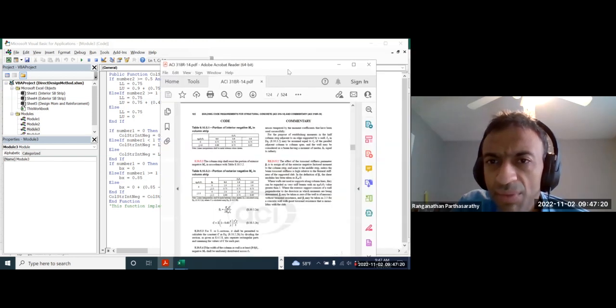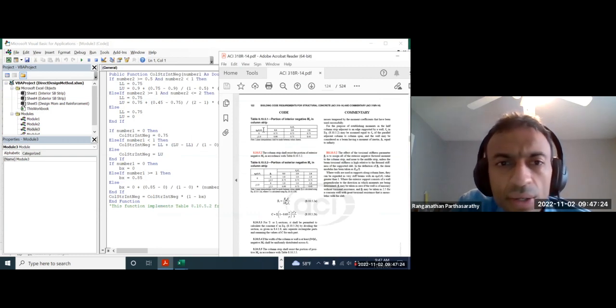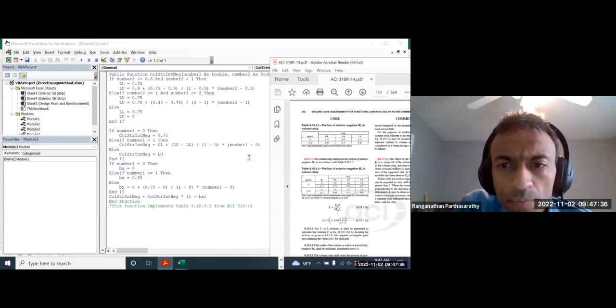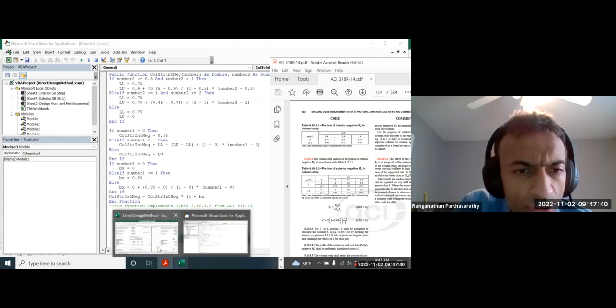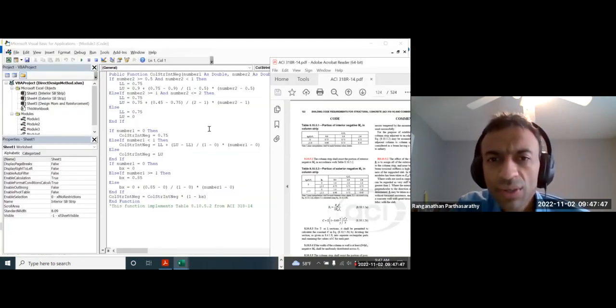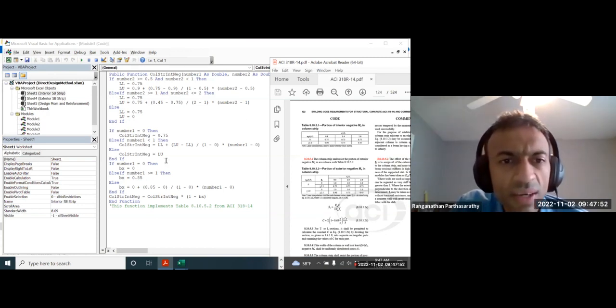I made that some time back, but they're all made according to these tables. Number 2 is L2 by L1. So yes, first was all done as per L2 by L1.